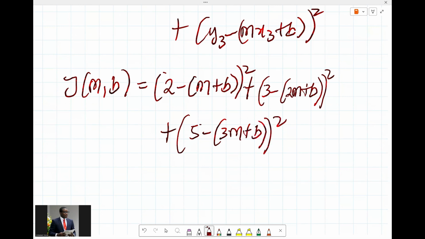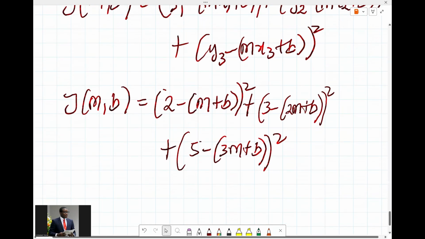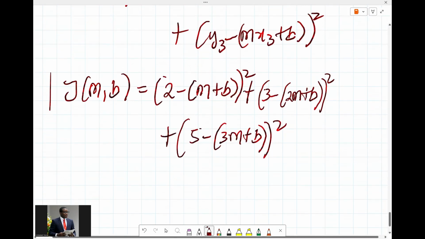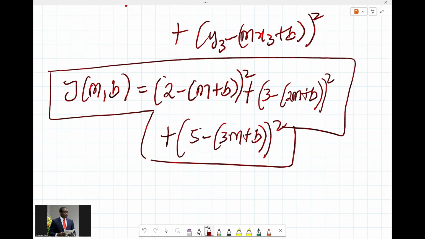So the expression we have is 2 minus (m plus b) squared plus 3 minus (2m plus b) squared plus 5 minus (3m plus b) squared. This is the key expression we need going forward.